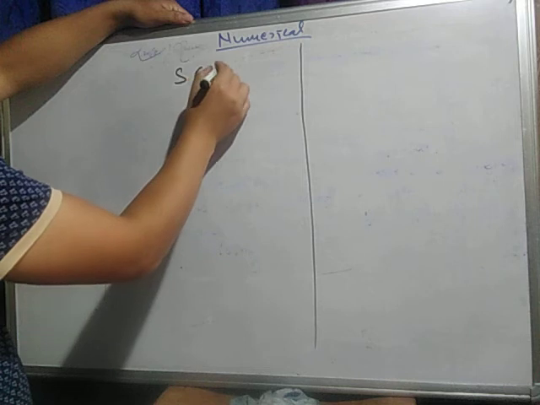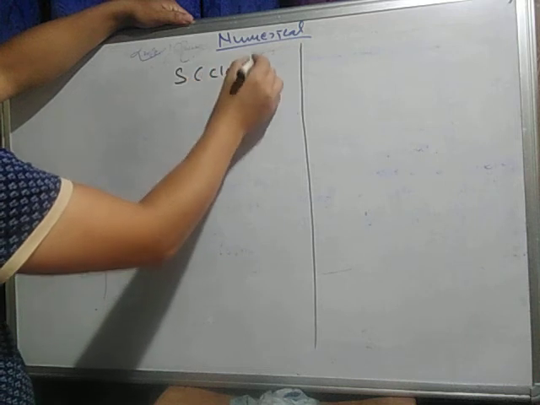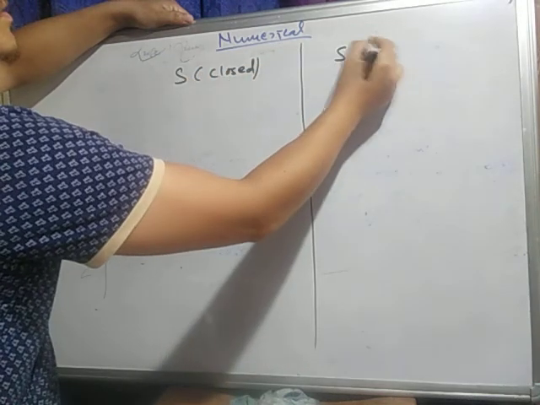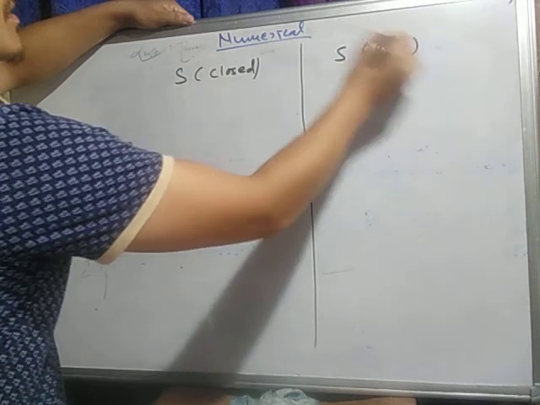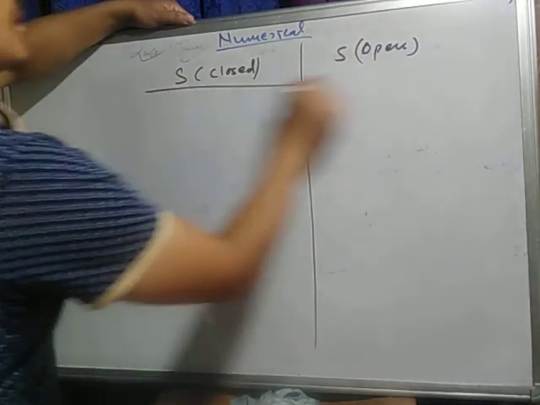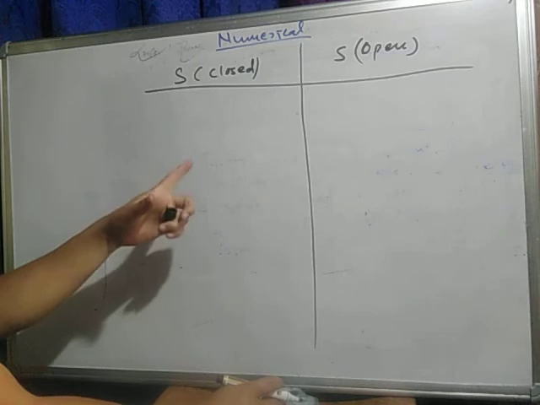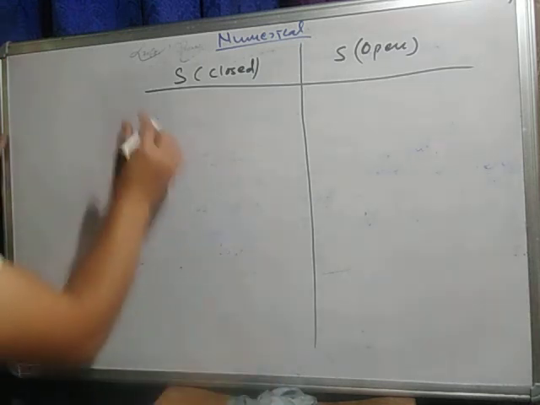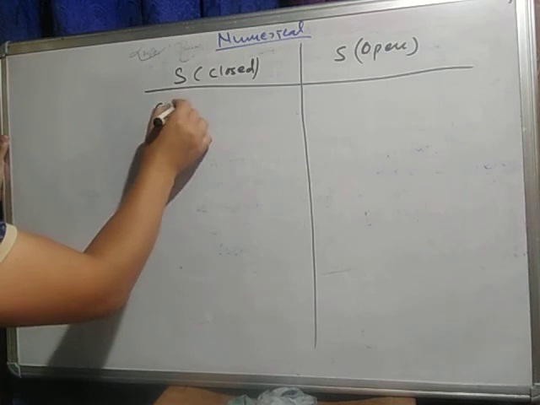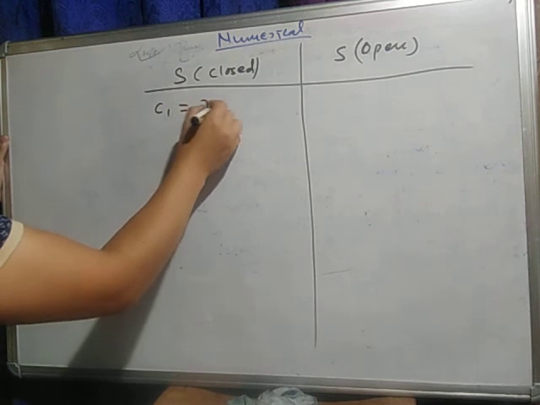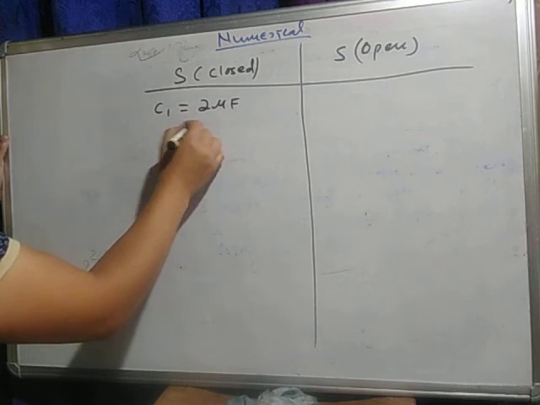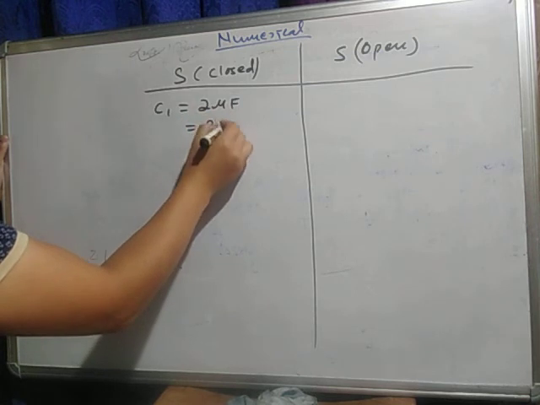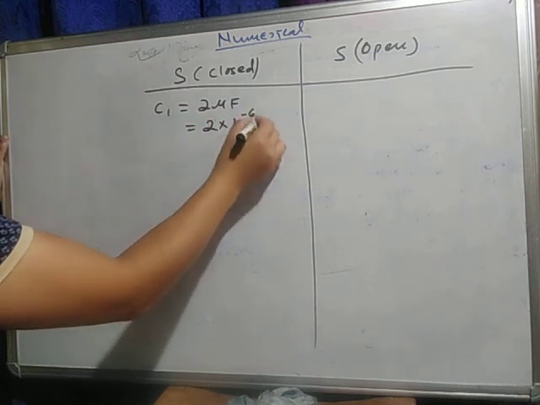S closed and S open. When it is closed, both get the same V. C1 equals to how much? 2 microfarad equals to 2 into 10 to the power minus 6 farad.